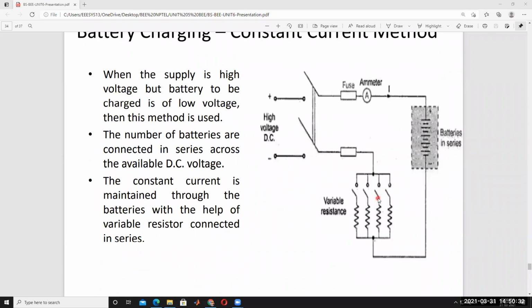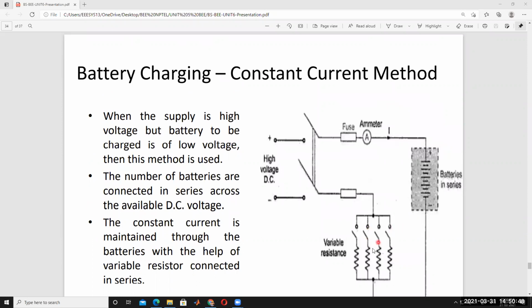So we have to reduce the resistance by connecting one more resistor. When resistors are connected in parallel, the resistance goes on decreasing and current increases. By varying these variable resistors, we maintain the current constant. That's why it is called the constant current method.